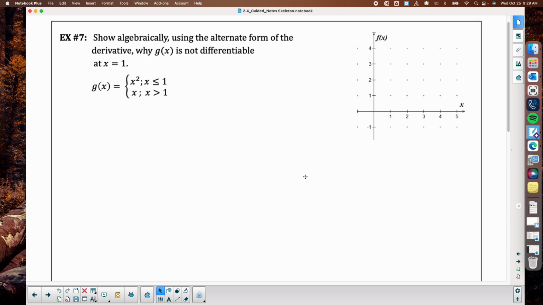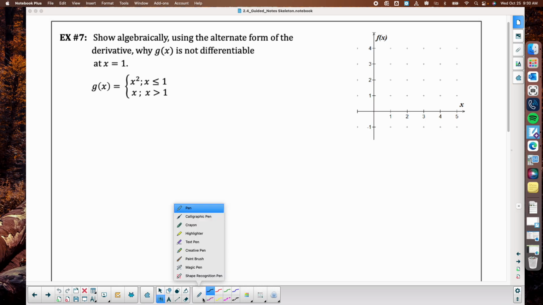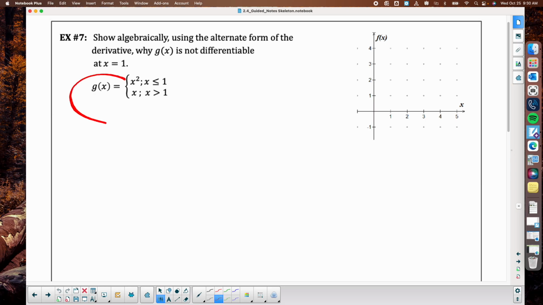So the alternate form of the derivative, do you find the derivative from the left and then one from the right, so you do the derivative of both the functions? Yes. So I'm never going to force you to use the alternate form of the derivative. I don't care if you do. That's the one, I'll write it out.